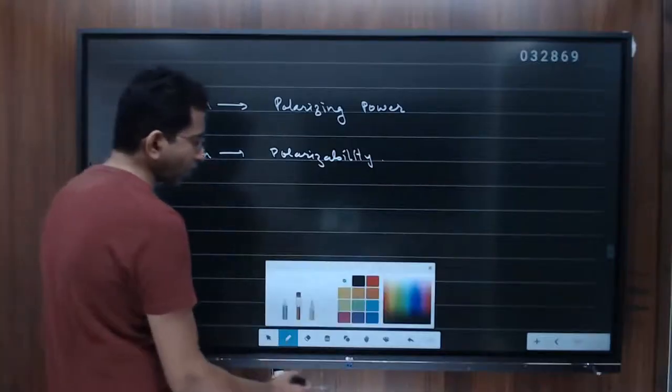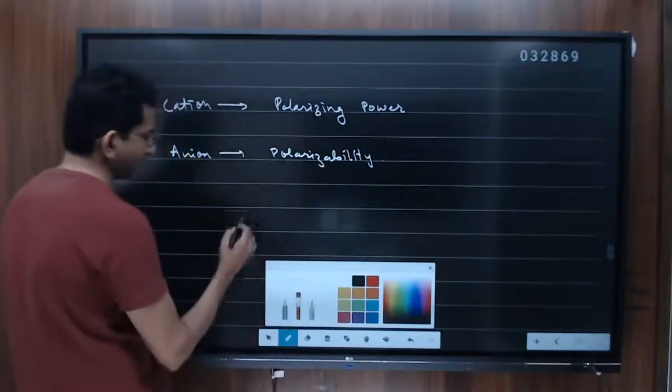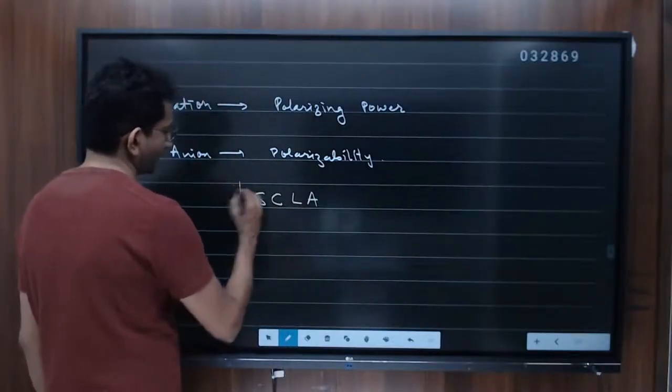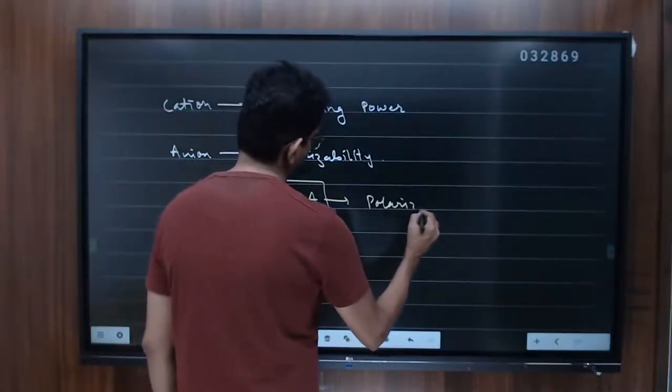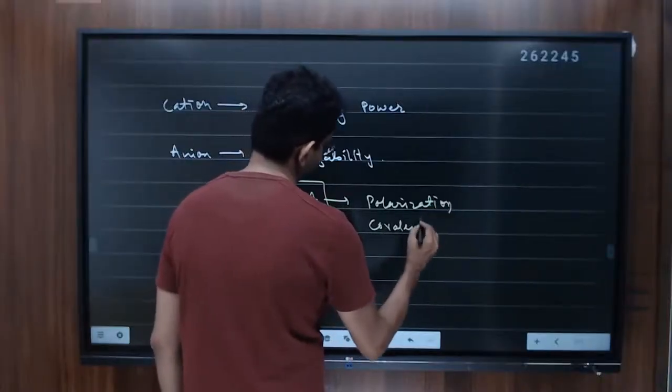And for all of these you will remember only one thing, and that is going to be very simple: small cation, large anion. You will remember these only, and that will explain polarization, or you can say covalent character.